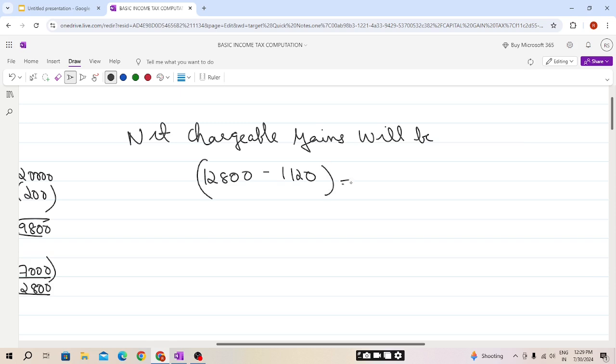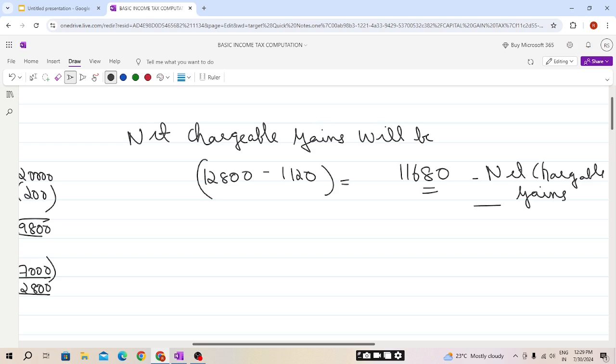So this will be our net chargeable gain. We have completed step number 1 and step number 2. Step number 2 is simple, students. We need to aggregate the total gains and losses of the current year.